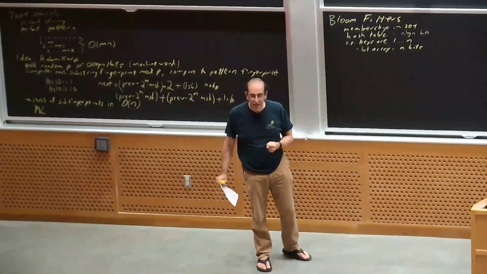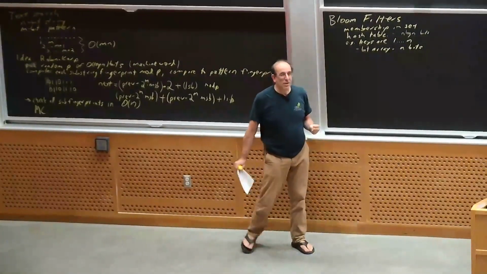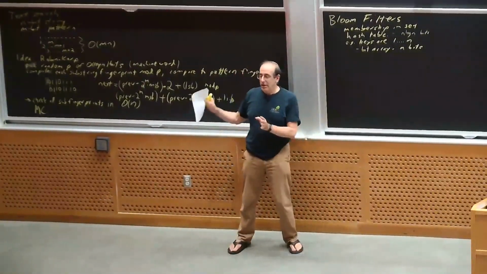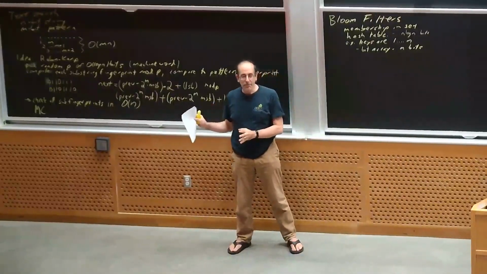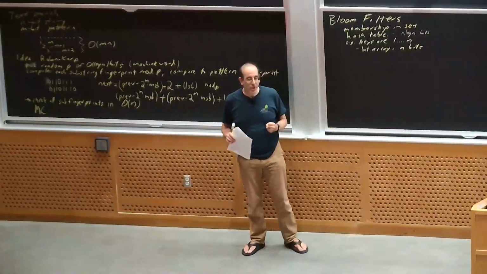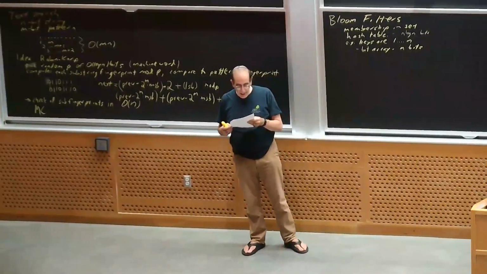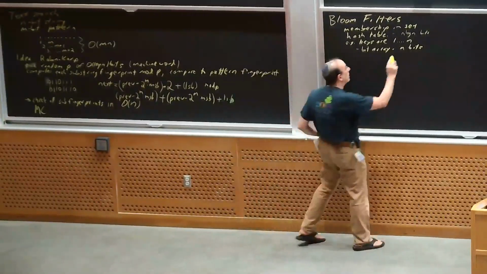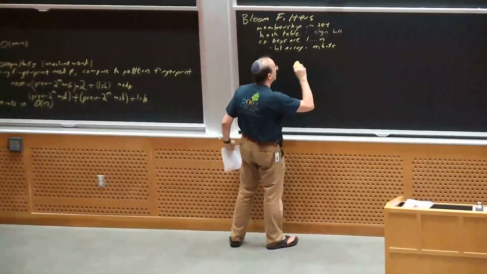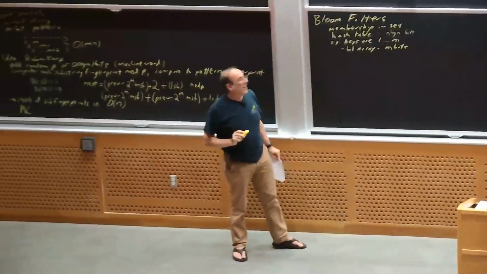Yeah, how about using a hash function, right? So what you could imagine doing is, you've got this key, hash it to an integer in the range from 1 to n, okay? And actually, let me start, I'm just doing this in order to match with my notes.